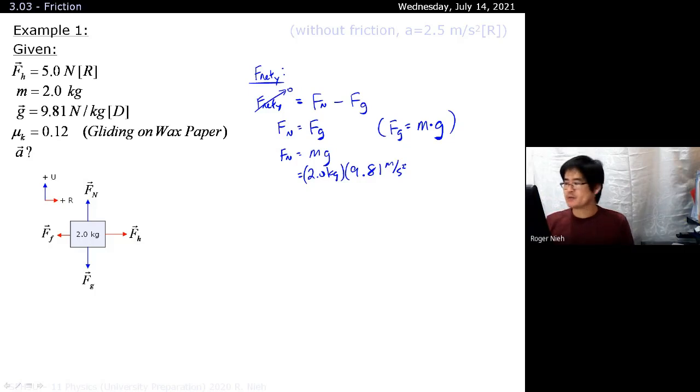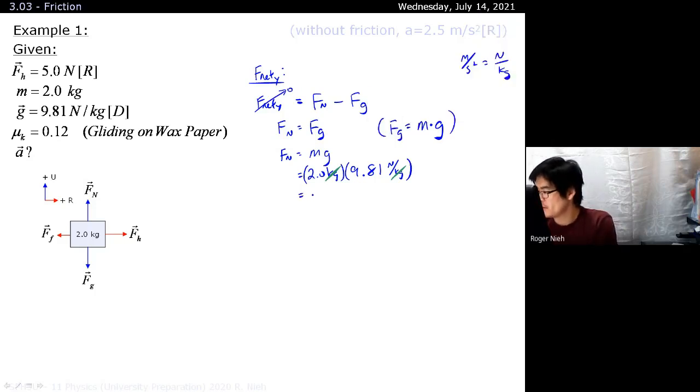A meter per second squared has the same meaning as a Newton per kilogram. You don't have to replace it, but I'll replace it so you can appreciate why. That way the kilograms in the numerator divide out with the kilograms in the denominator, and we find that our normal force is 19.62 newtons. That's our normal force.